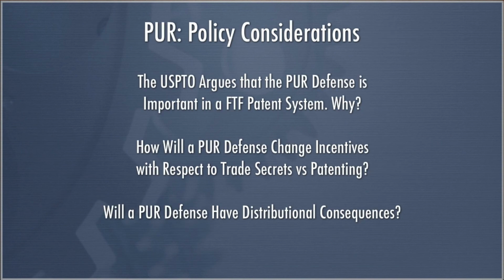So the policy considerations about prior user defense rights are interesting. I gave you a short excerpt from the PTO's report to Congress, which was mandated by the America Invents Act, that they had to report about the prior user defense.